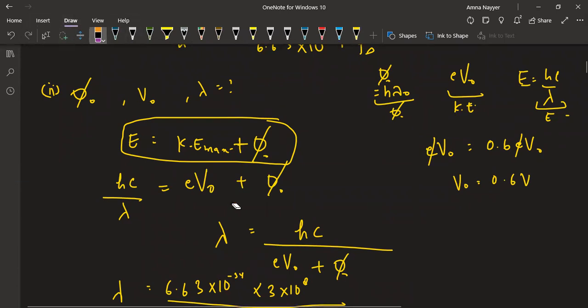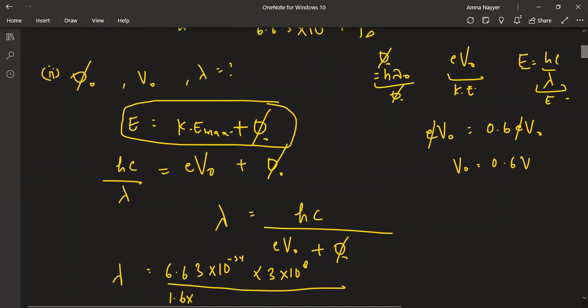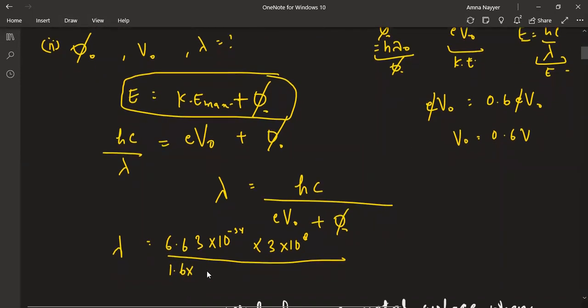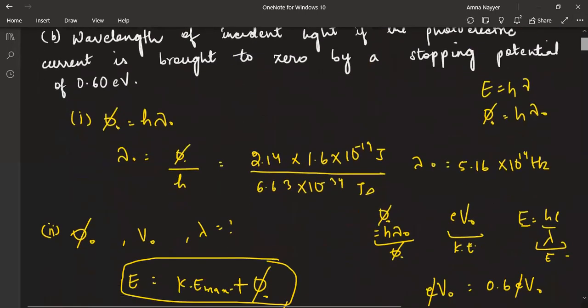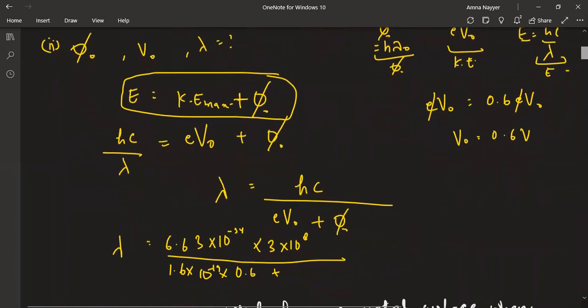Or after multiplication, you can multiply, like 0.6 into 1.6 into 10 to the power minus 19. Now electron volt has been converted. So eV naught is solved, plus the work function was also given, how much? 2.14 electron volt. So 2.14 electron volt again into the same thing.